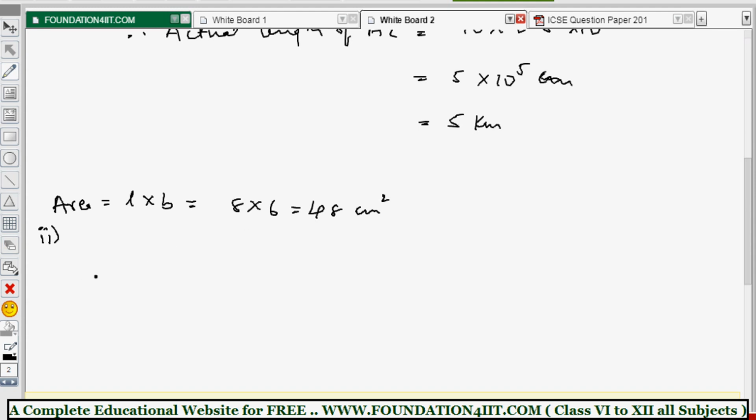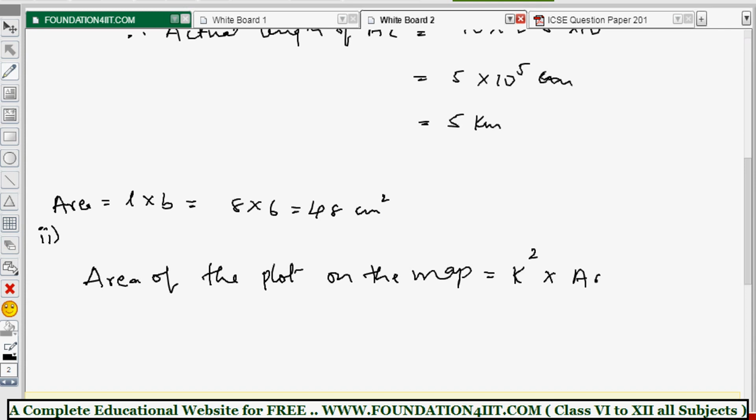So I write the formula. Area of the plot on the map is equal to K square into the actual area, because for area you apply K square. So we need to find out the actual area, but the map area is 48, that is equal to K square. So the K value is 1 by 0.5 into 10 power 5, squared, into the actual area.